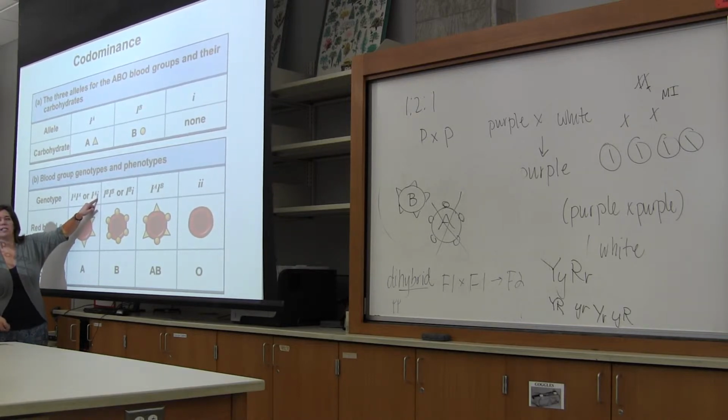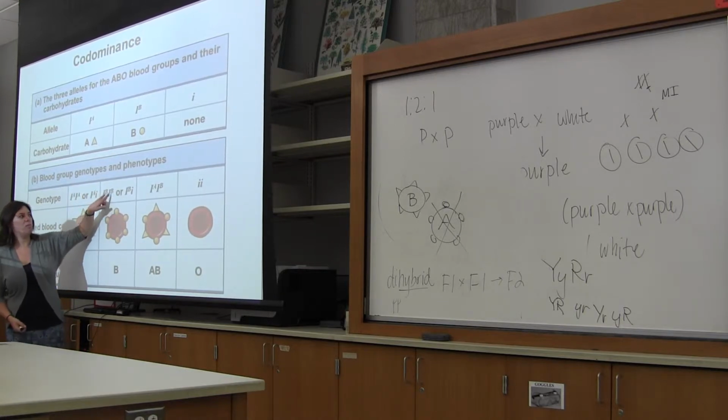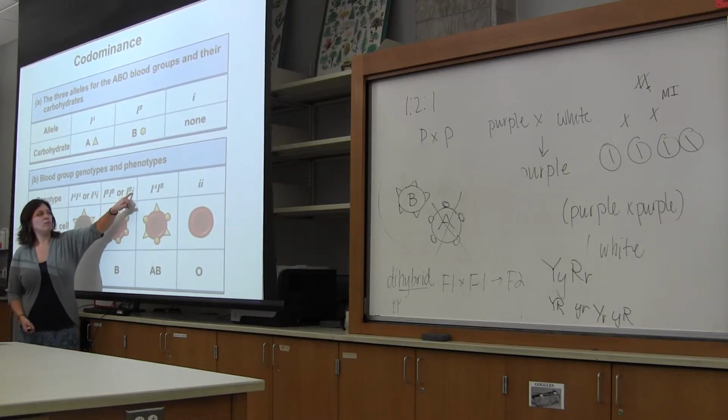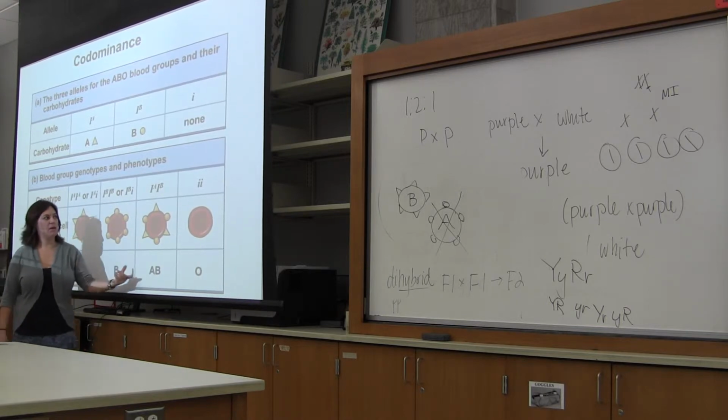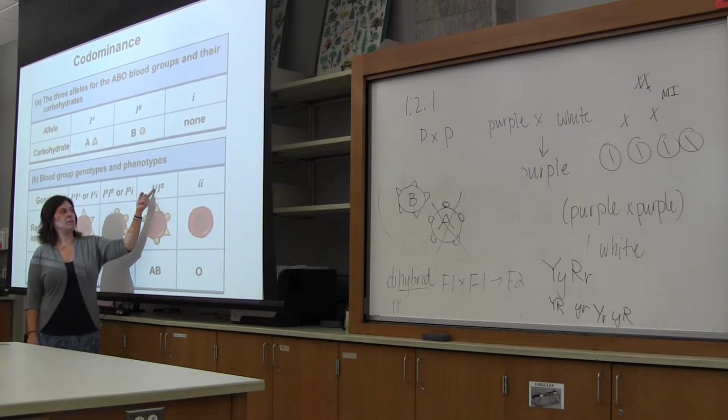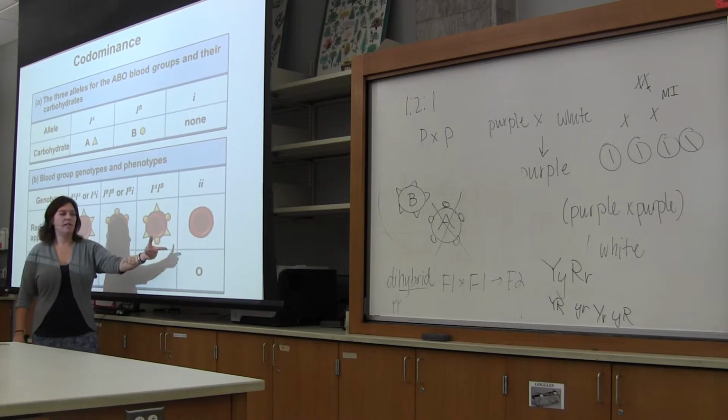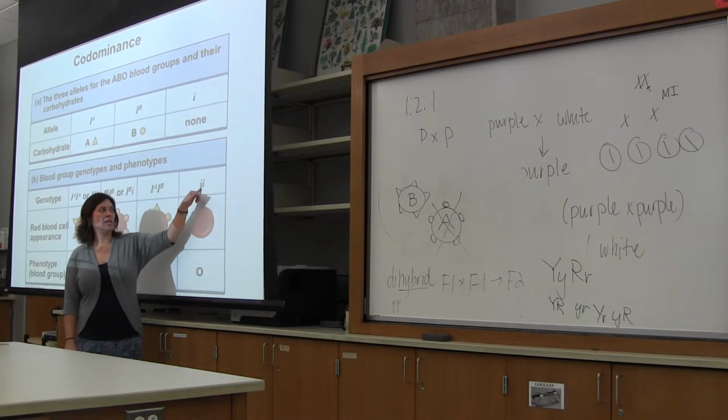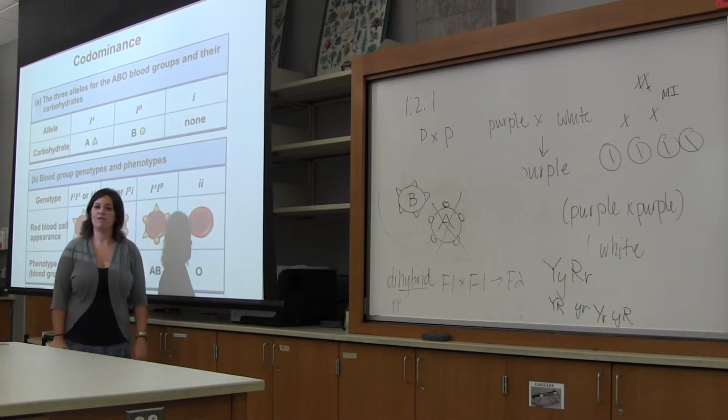And the little i says that there's no carbohydrate present. And so the same thing with B. You can have big B, or big B with a little i. And then the AB, they're automatically going to be big A, big B. And then the type O is going to be little i, signifying basically the homozygous recessive version of the phenotype.